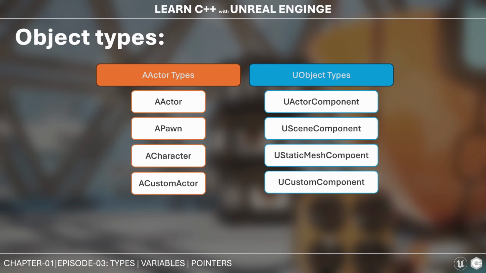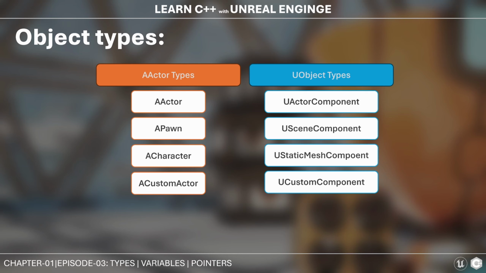Let's now go to the object types. For the object types, we can categorize them into two major categories. Both of these categories behave similarly, and the only reason that we are categorizing them is the way that Unreal Engine handles them.